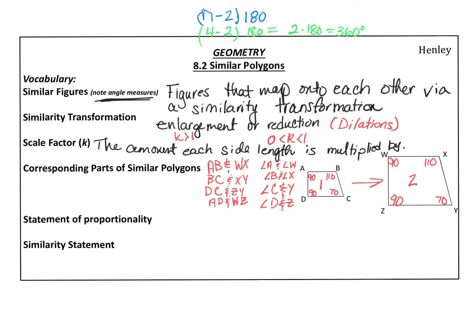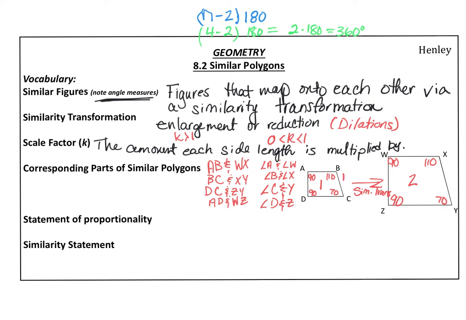Now, if we look at our similarity transformation, we're doing an enlargement. That means that whatever we do to the left side, we do it to all of the sides, and it's going to become the right side.